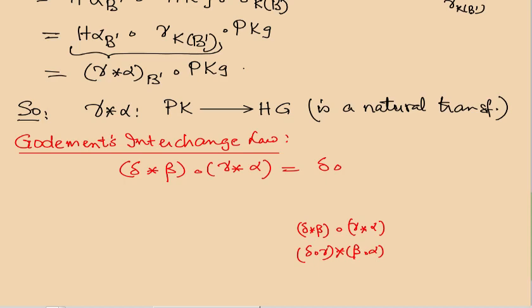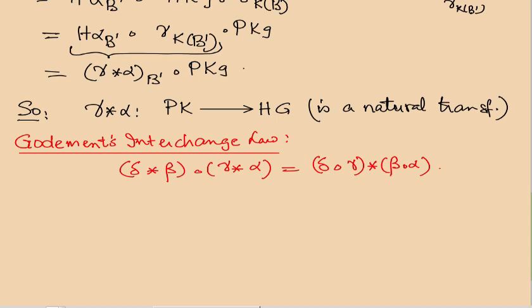This circle is the vertical composition, and this star is the horizontal one. The horizontal composition distributes over the vertical composition. So this is delta composed gamma star theta composed alpha. Prove this, I leave it to you. It's along the same lines.